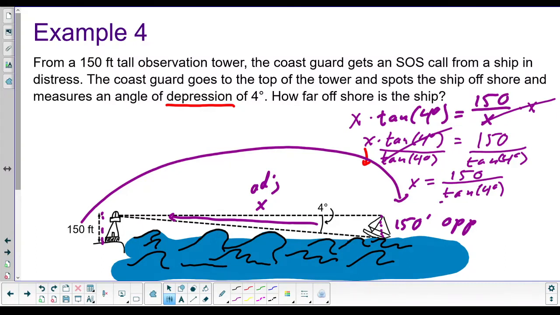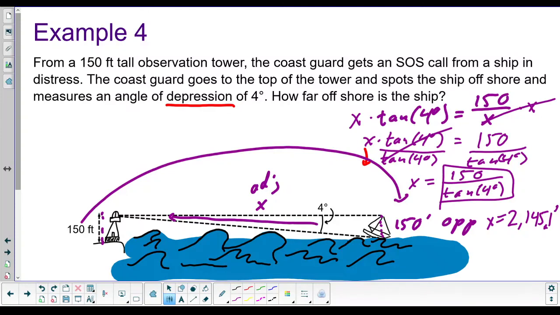And then you can type this thing into your calculator and it'll give you your weird decimal. So this is going to be 150 divided by tangent of 4 degrees. X equals 2,145.1. And let's be honest, that 0.1 is not really that important. But, you know, we found it, so we'll put it feet. All right, there you go.